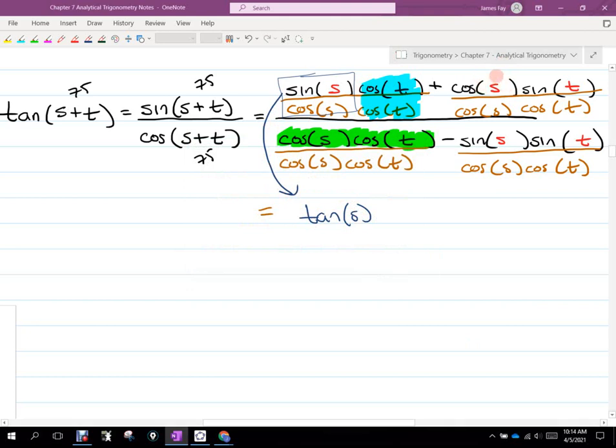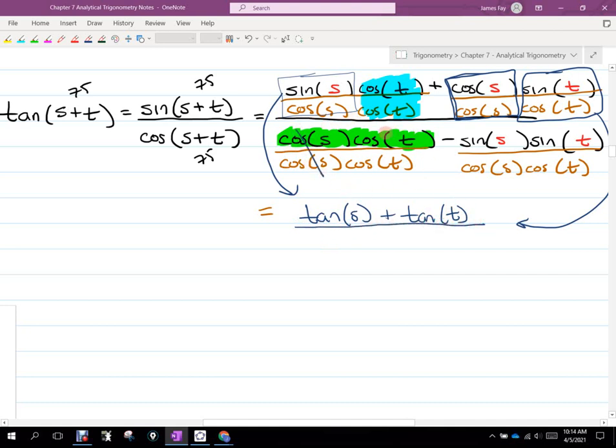What does this give me? What's cosine S divided by cosine S? 1. And then what is sine T divided by cosine T? Tangent T. So plus tangent T. What's cosine S divided by cosine S? 1. What's cosine T over cosine T? 1.